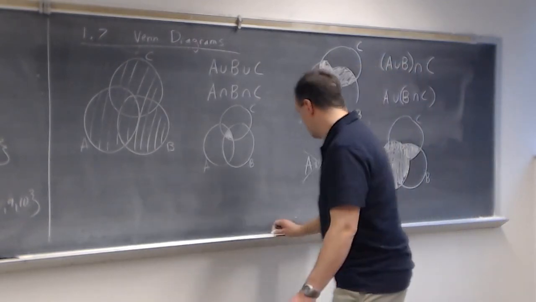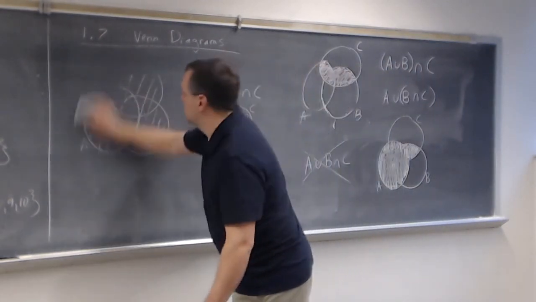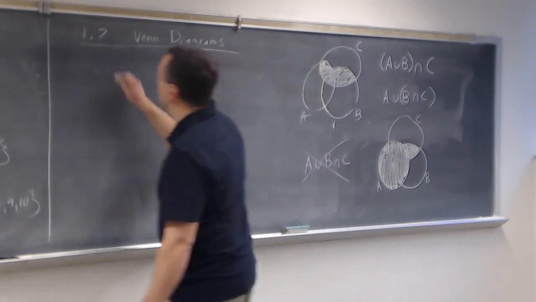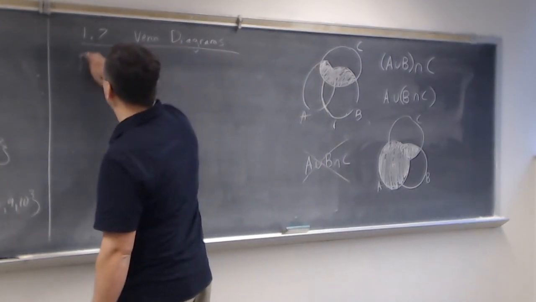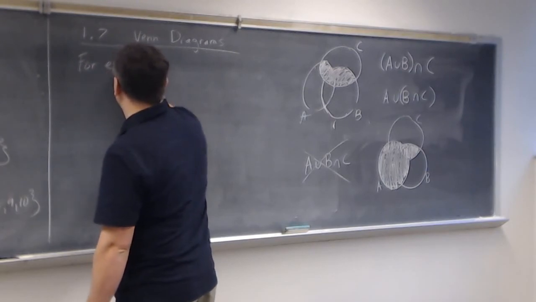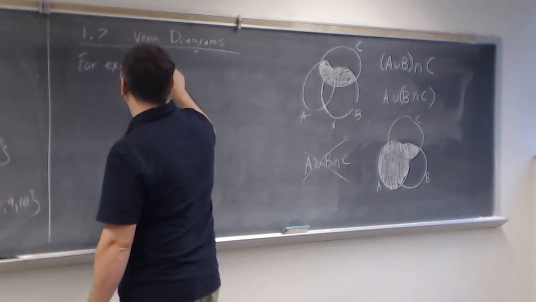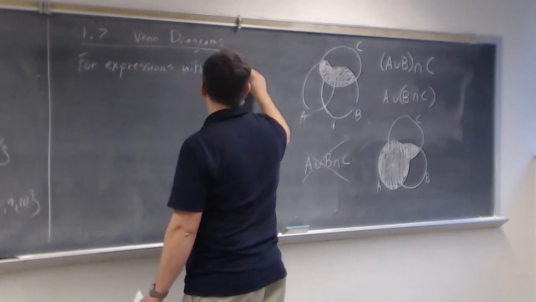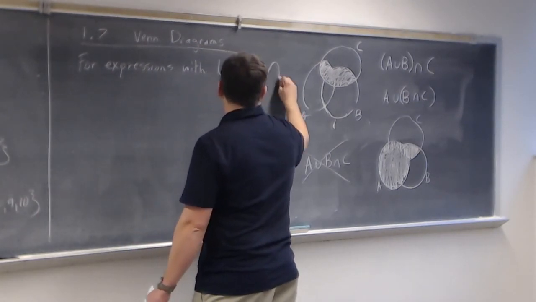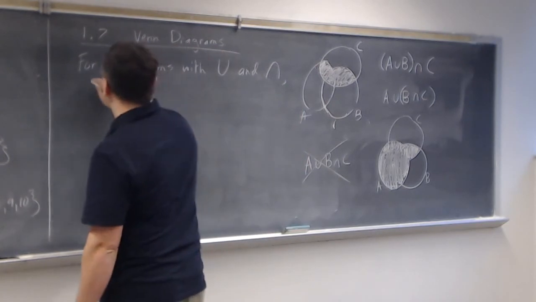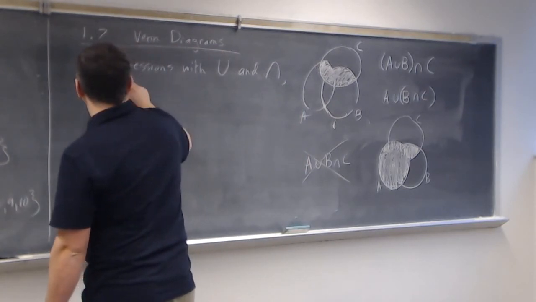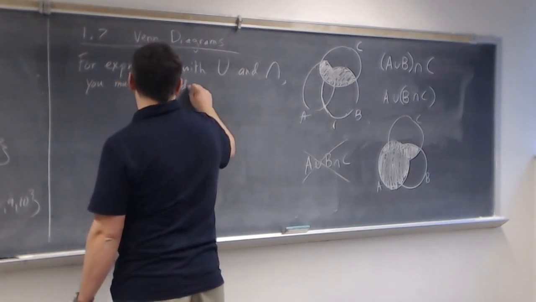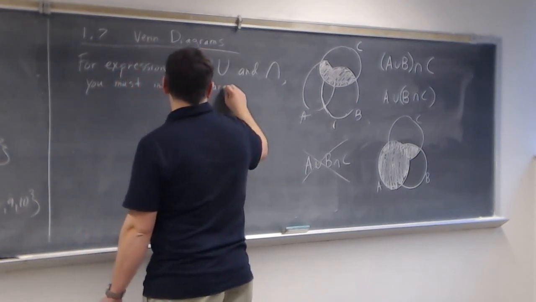Okay, so that's what this picture is leading us to believe. So for expressions with union and intersection, you must include parentheses.